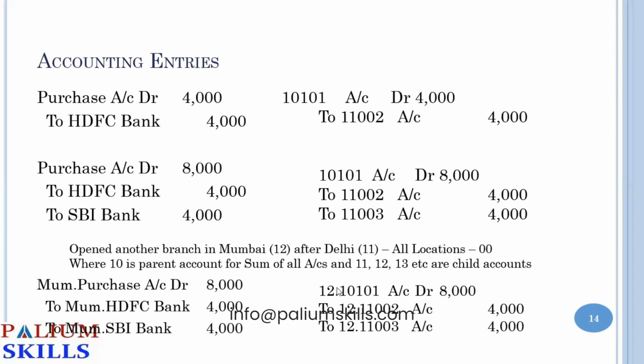So this structure that you see here, 12 is the location and this is the account code. This is your key flexfield structure, accounting flexfield structure that you will define in the application.